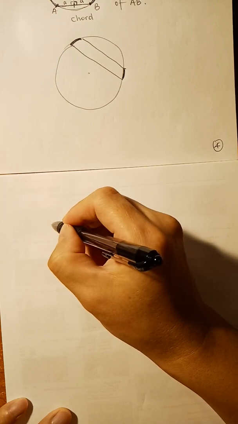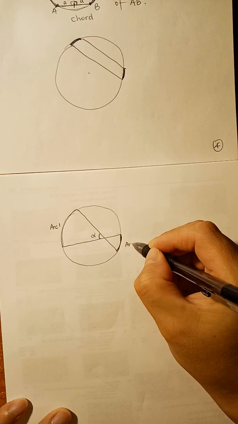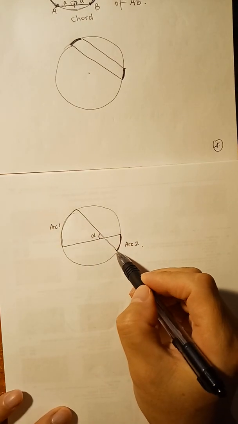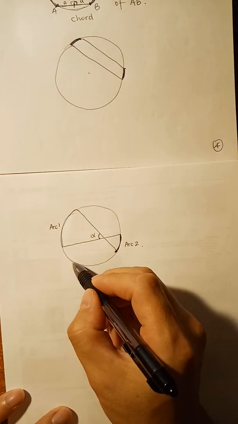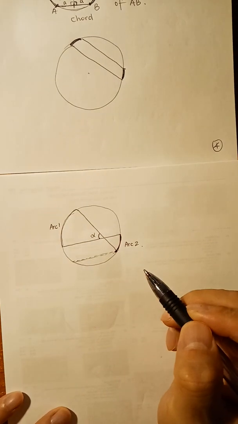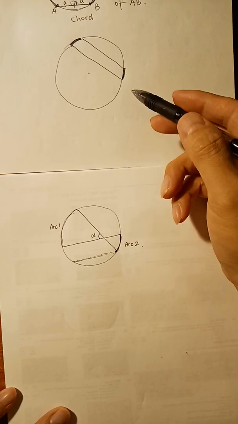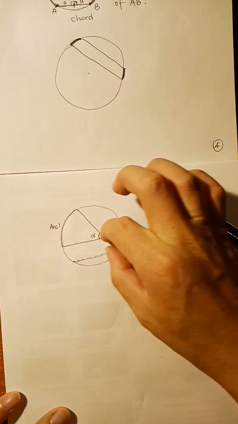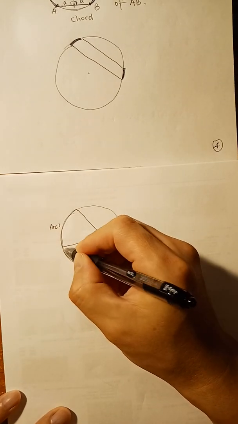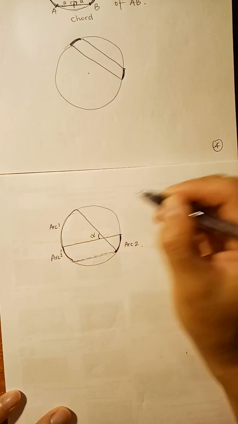Let's say this is arc 1, and this is arc 2. We first start from arc 2 and draw the parallel chord. Remember we just had this experience: those two chords are parallel, so this arc 2 is equal to this arc 2. We move those two arcs together; let's call it arc 2 prime.